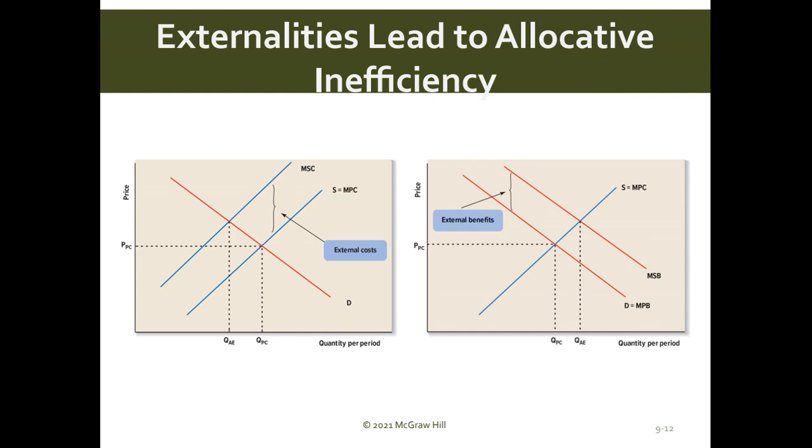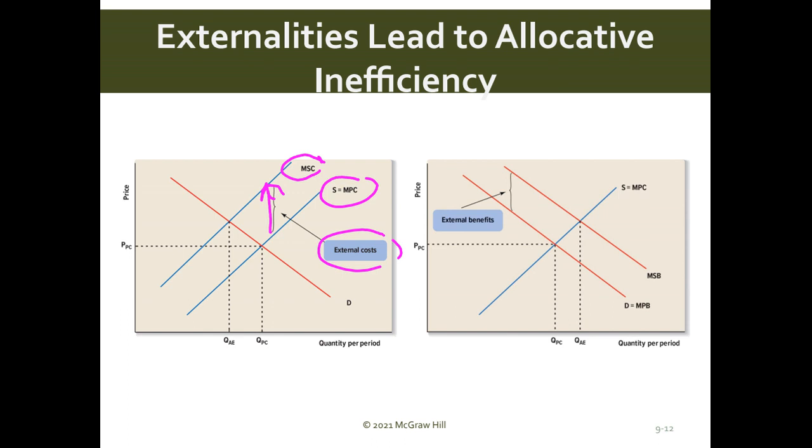How do I know it's too much? Because now I have to add external cost. So suppose I add external cost to the private cost, then private cost plus external cost will be marginal social cost. So you can see I shifted the supply curve up because now it's more costly to produce. Why? Because I'm also including external cost in my decision-making process.